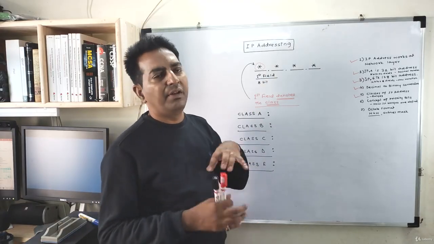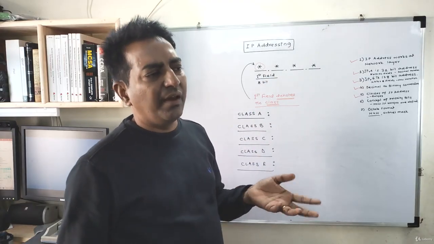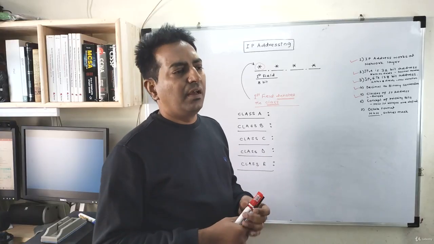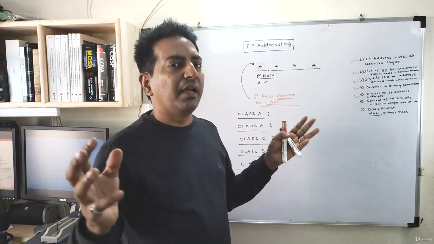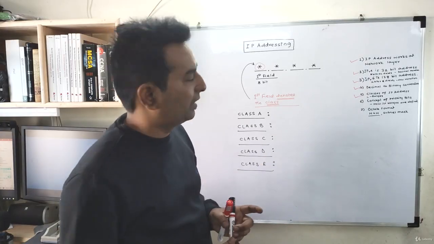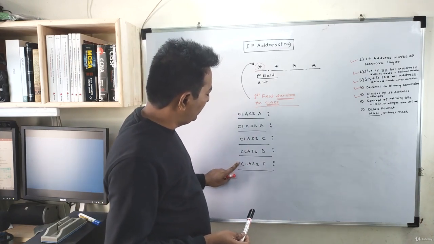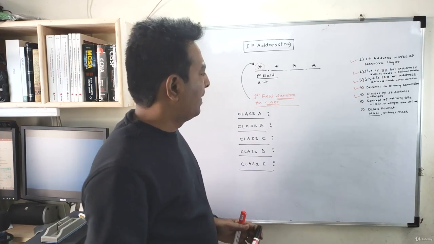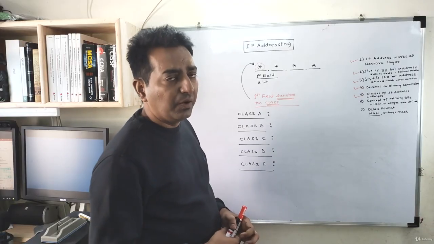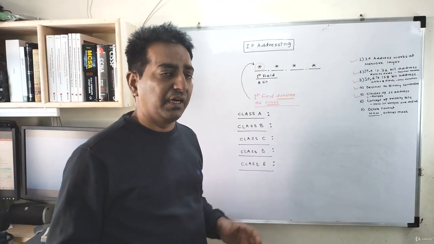When you have a network, you need to have some logic behind assigning IP addresses to computers on the network. After understanding these class ranges, you will get better clarity on what range needs to be used for what kind of network.